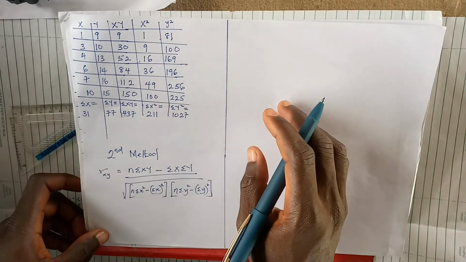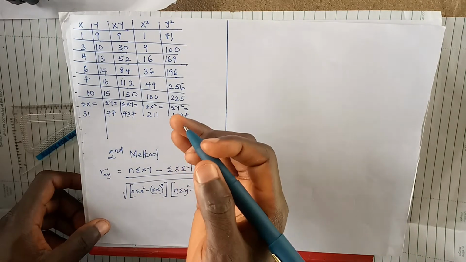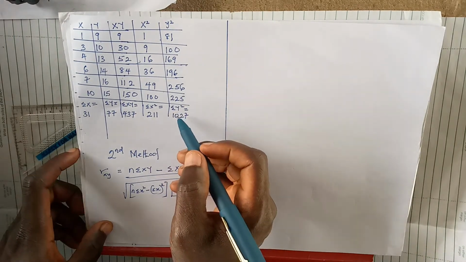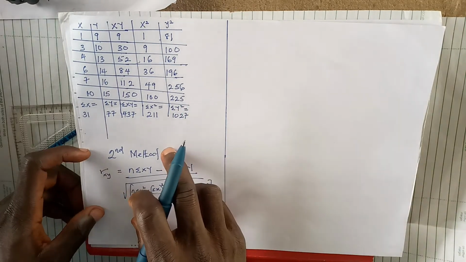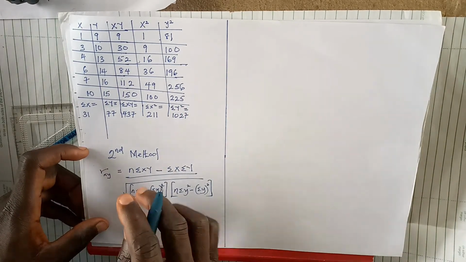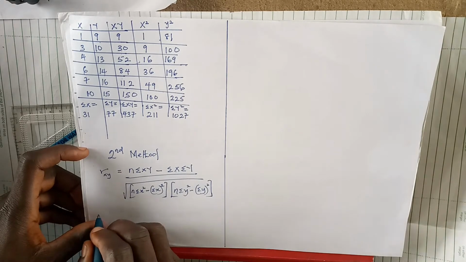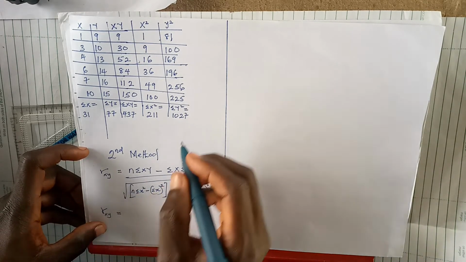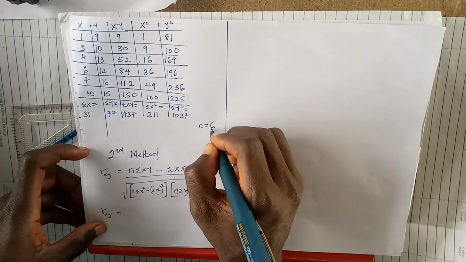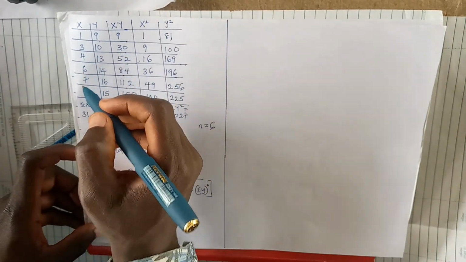All right, so now we're going to pick each summation here and slot it into the appropriate corresponding region here. So now we have our r of xy equals, our n, our number of observations, still remains 6. I have 1, 2, 3, 4, 5, 6.